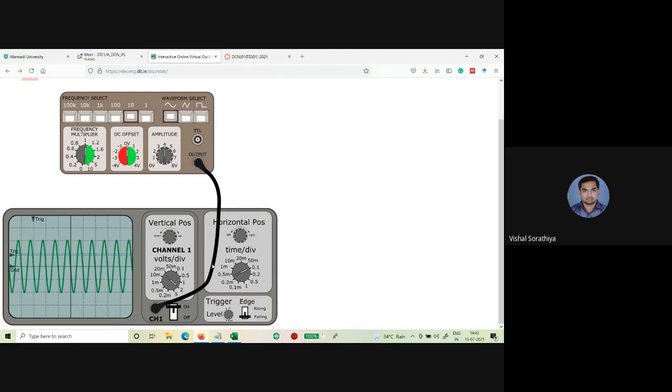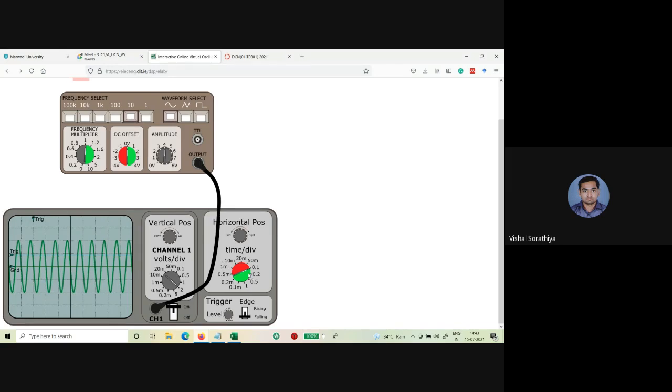Just see how many boxes it takes to complete one cycle. One box, and one box has a value of 0.1 second. So 1 multiplied by 0.1 second is your time period t, and 1 by t gives you the frequency f, and you will get 10 hertz.